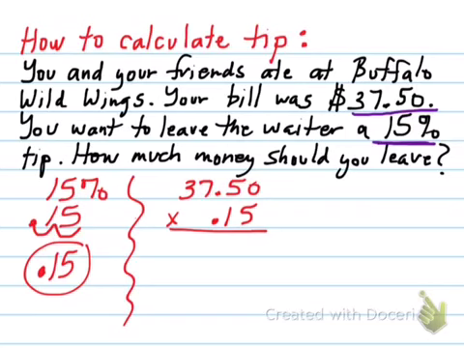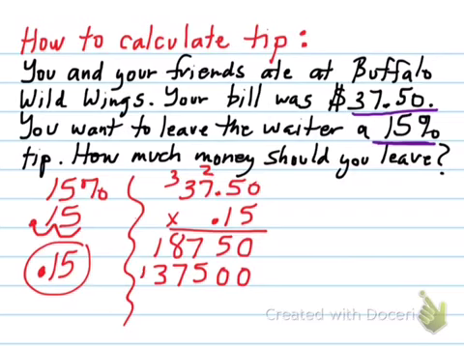And I'll line up my decimal points. 5 times 0 is 0, 5 times 5 is 25, 5 times 7 is 35, plus 2 is 37, 5 times 3 is 15, plus 3 is 18. And then add my placeholder. 1 times 0 is 0, 1 times 5 is 5, 1 times 7 is 7, 1 times 3 is 3.